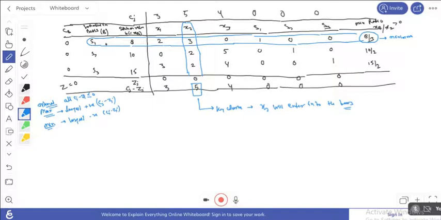The intersection of this key row and key column is your key element.